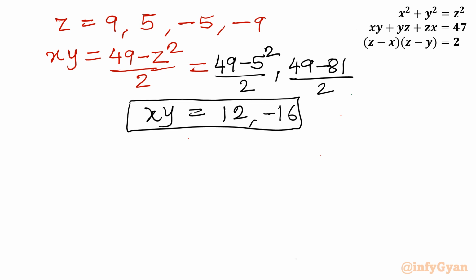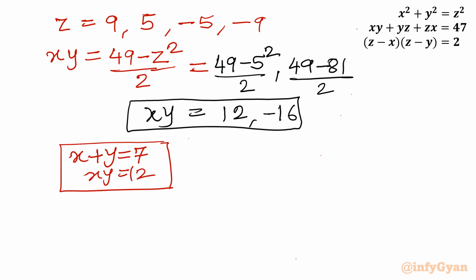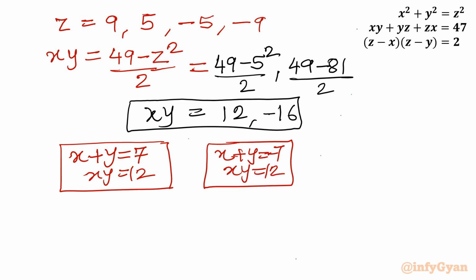So let me frame 4 systems of equations. x + y = 7, xy = 12 is one system of equations. The second system, with the same xy value: x + y = −7, xy = 12. Now xy = 12 is done.